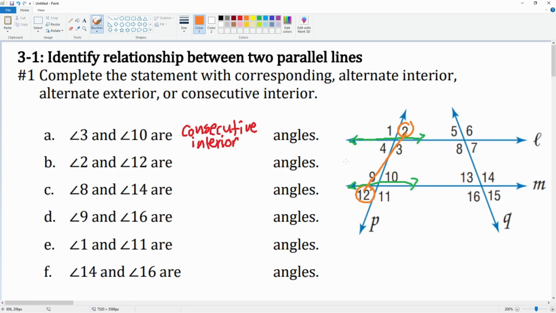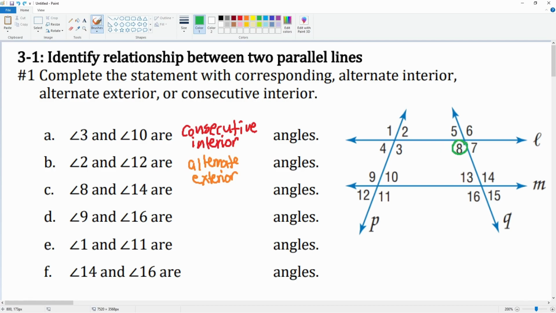Okay, they're crossing the transversal. So it's on the outside and it crosses the transversal. That would be your alternate because it crosses the transversal, exterior because it's on the outside. That is your 2 and that is your 12. Alternate exterior.